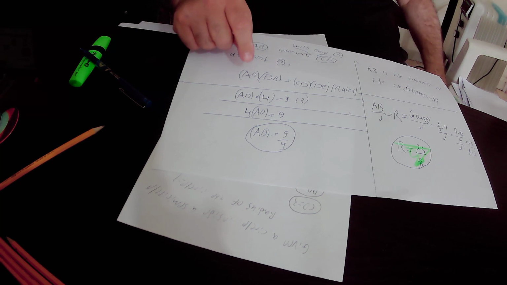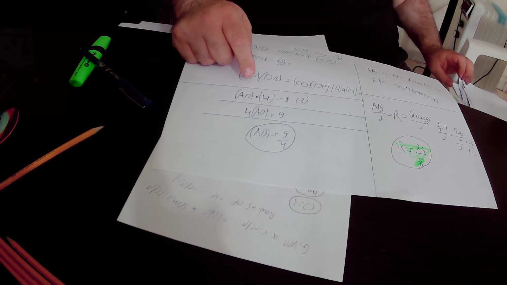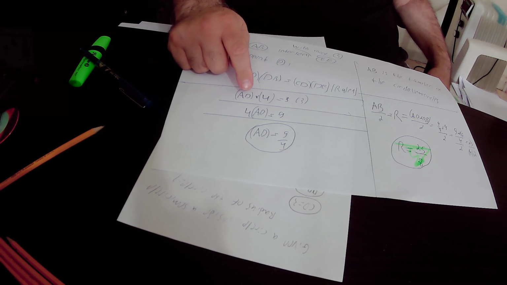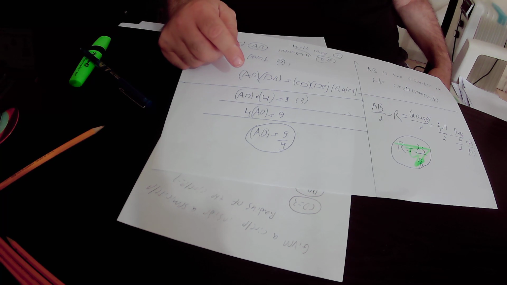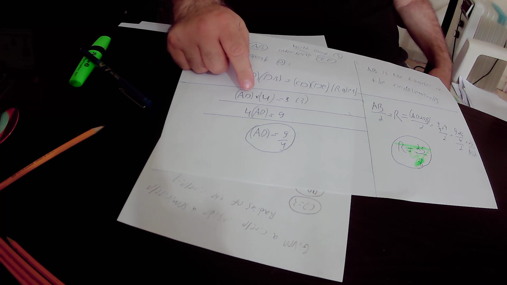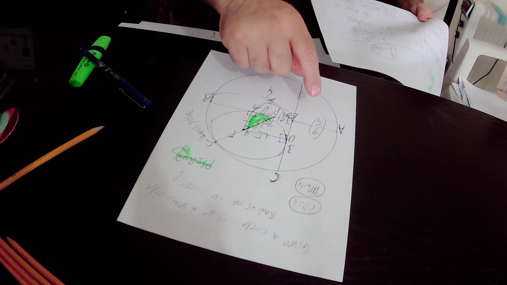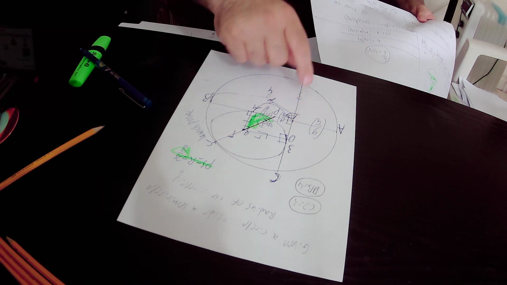So AD times 4 equals 3 times 3, which is 9. So 4 times AD equals 9. We divide this equation by 4 and find that AD, the missing line segment, equals 9 over 4.